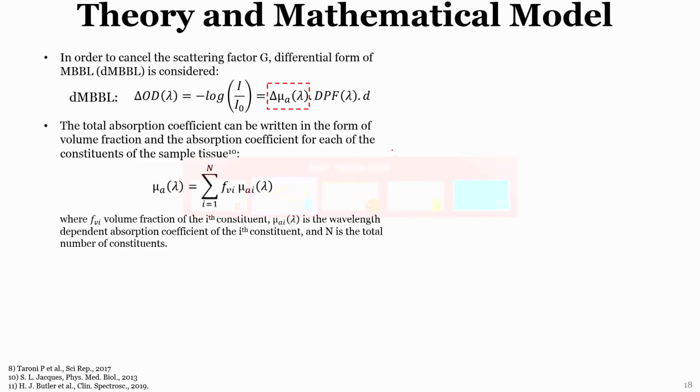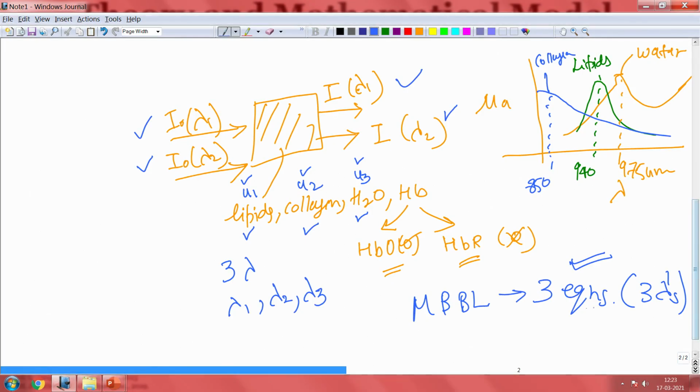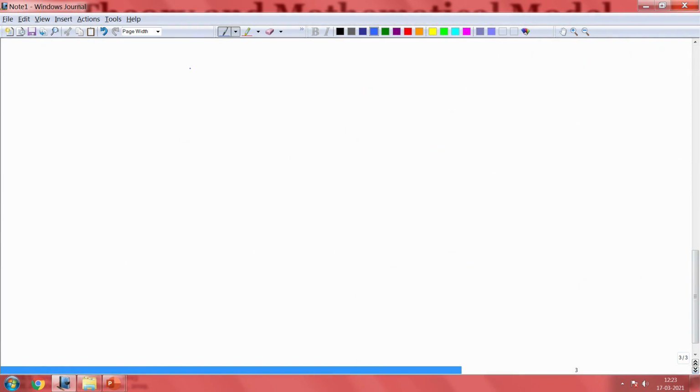For example, I am going to add one more page over here, and I assume the tissue has only two constituents, for example lipids and collagen.